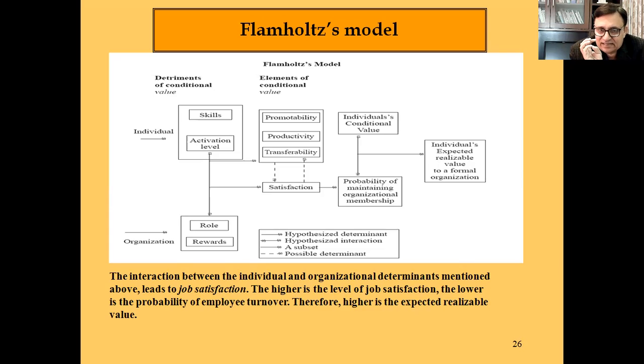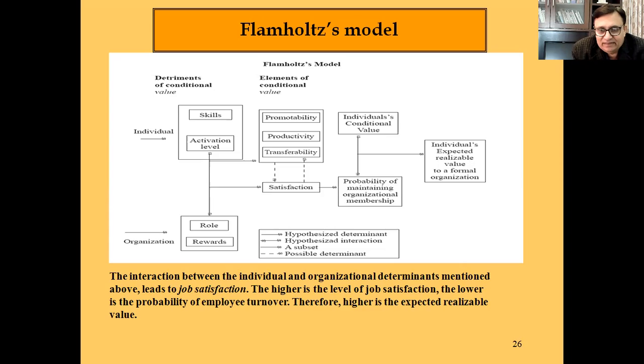The more the skill and the more the activation level, naturally the three positional factors, that is promotability, productivity and transferability, will be there. If it is satisfying, then the probability of maintaining the membership of that organization will be very high. We multiply it with the conditional value which we have calculated, and we get the individual's expected realizable value of that person to the organization.